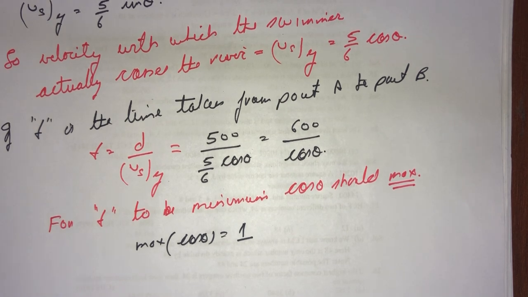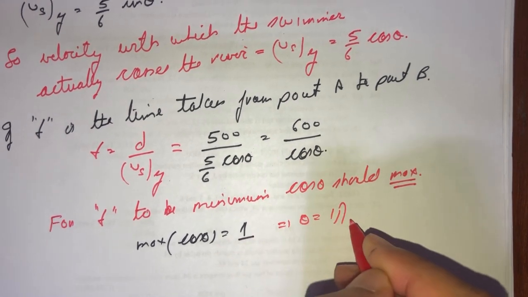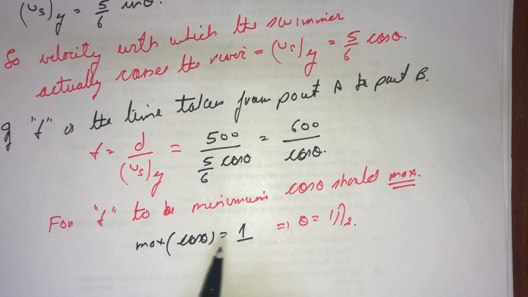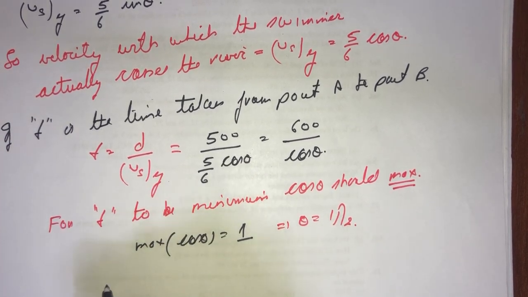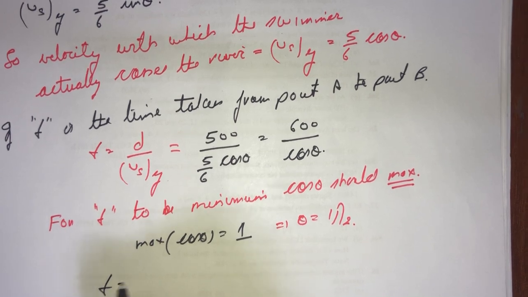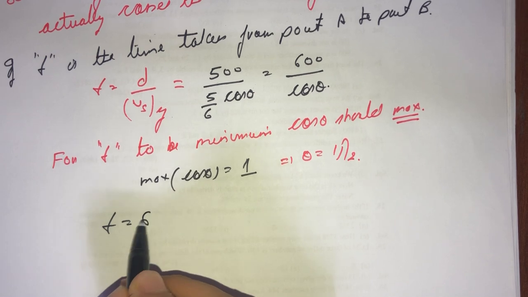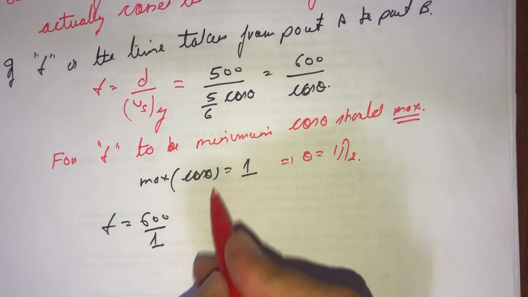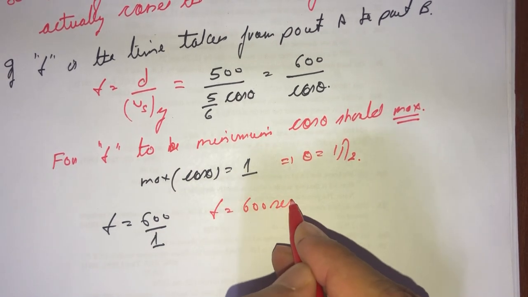So from here we can say that theta should be equal to pi by 2. If you substitute the value, cos of theta will equal 1, so t will be equal to 600 divided by 1, or t will be equal to 600 seconds.